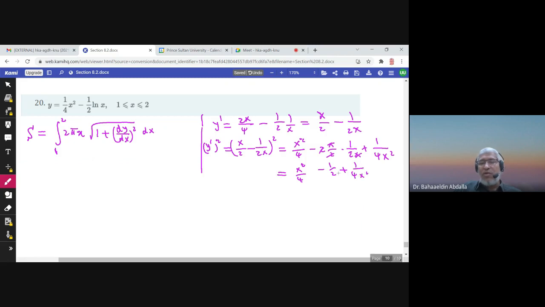So x²/4 minus half plus 1/(4x²) is just (x/2 minus 1/(2x)) to the power 2. And this is y prime squared.